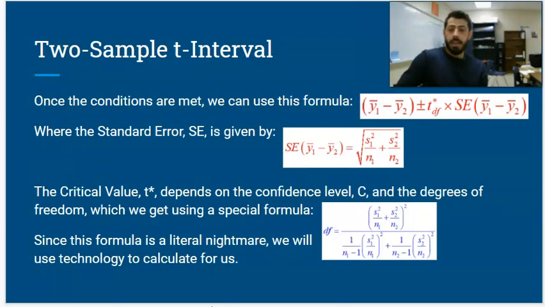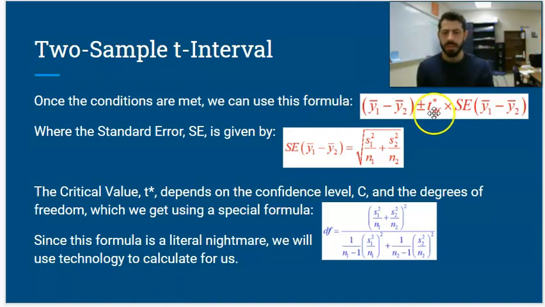Now, we need that standard error when we make a confidence interval because the way we make the confidence interval is going to be the same as it has been the entire time. We're going to start with a point estimate, that point estimate in this case being the difference in your two sample means. So whatever the mean from the first sample minus the mean from the second sample, that is what you start with. And then you're going to have plus or minus some critical t that you get from the table times the standard error that we just went over how to calculate.